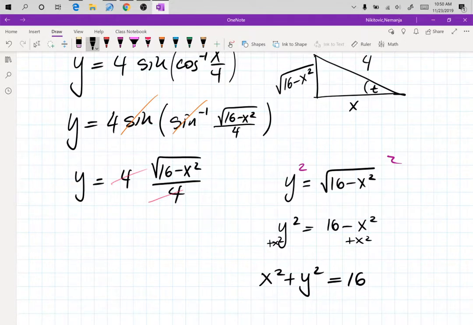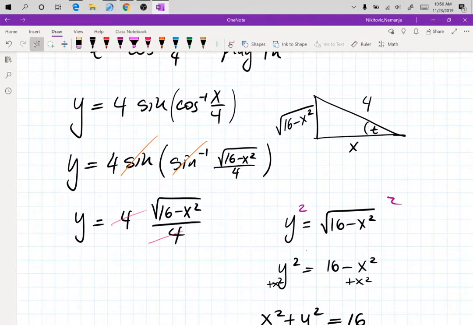I want to think about that one. Because I need to cancel sine with the inverse sine. I understand. The values are the same. Why? But like sine and cosine wouldn't have the same values. They wouldn't have the same values, but they don't have the same argument. That one is x over 4, this one is the square root over 4. So they will have the same value.